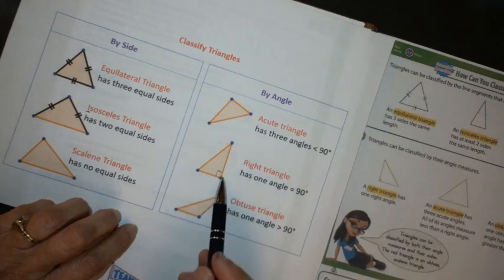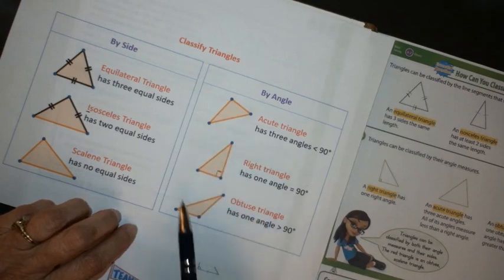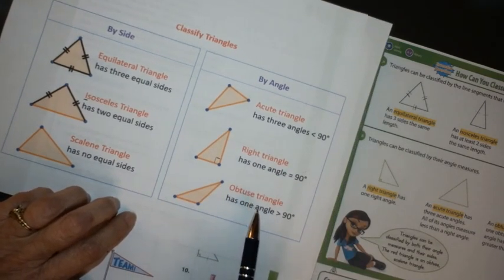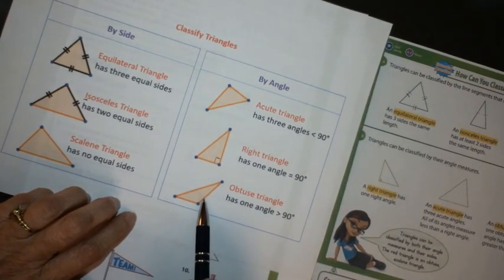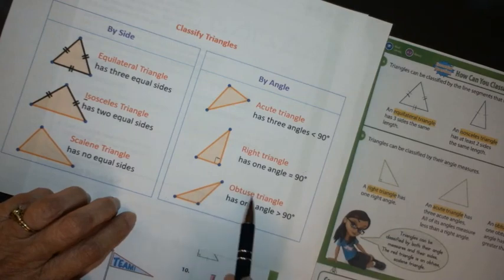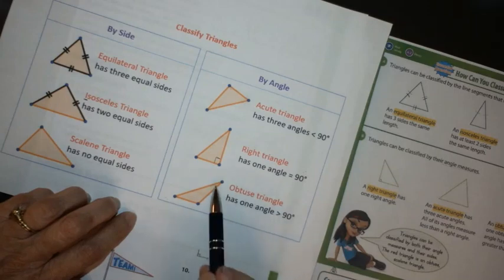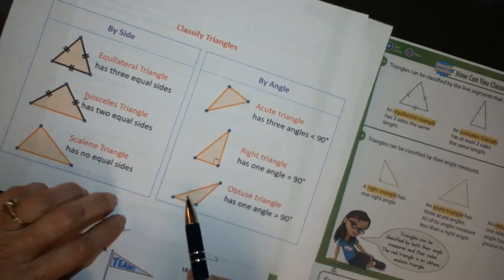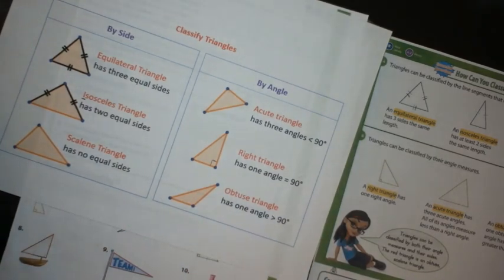They're straight up and down and across. And then there's the obtuse triangle. It has one obtuse angle greater than 90 degrees. And like I said in the last lesson, all triangles have at least two acute angles.